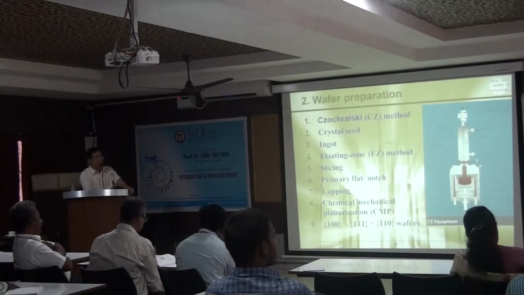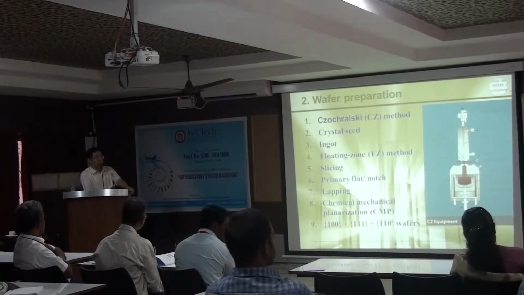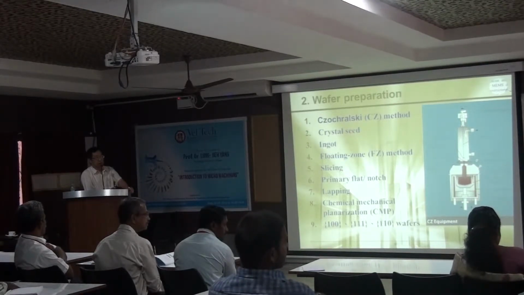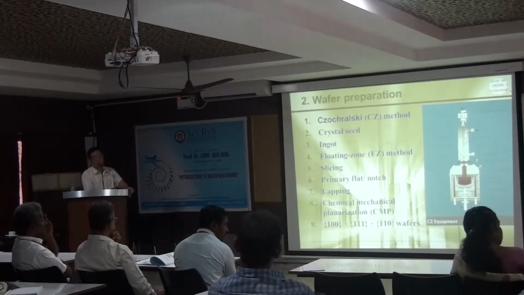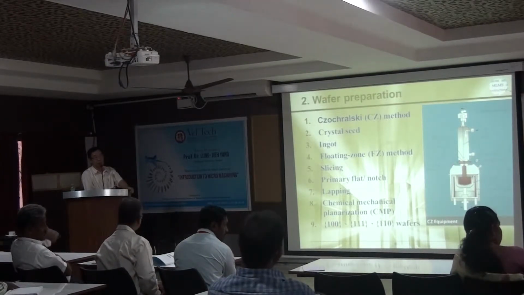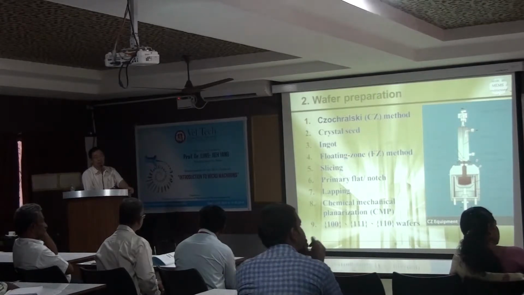Most of the wafers we use right now have a 100 plane, and the primary flat has a direction along the 110 direction. All these 100 or 110 indices are what we call Miller indices.